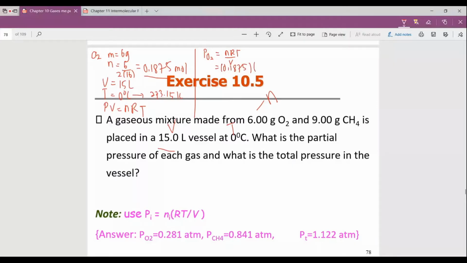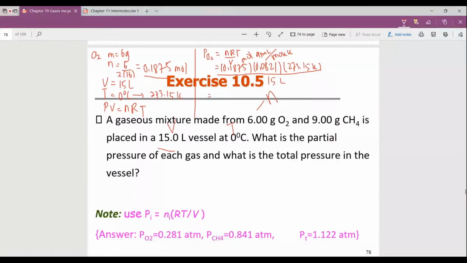R value is 0.0821 atm liter over mole K. Temperature is 273.15 K, over volume 15 liter.